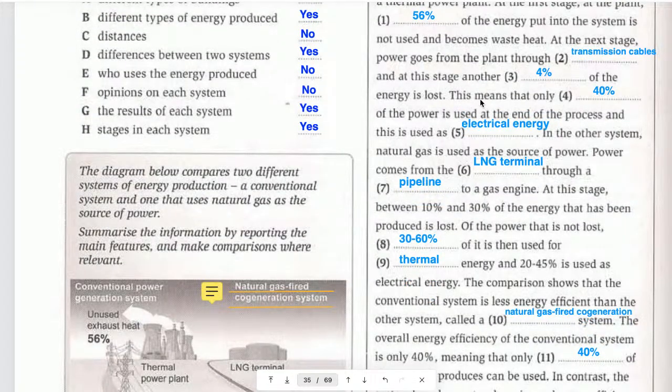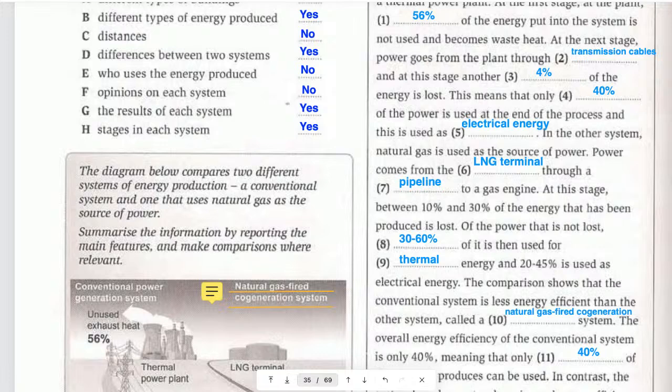All right, next one. This means that only 40% of the power is used at the end of the process, and this is used as electrical energy. Yes, okay. So the answer for number 4 is 40%, and number 5 is electrical energy.